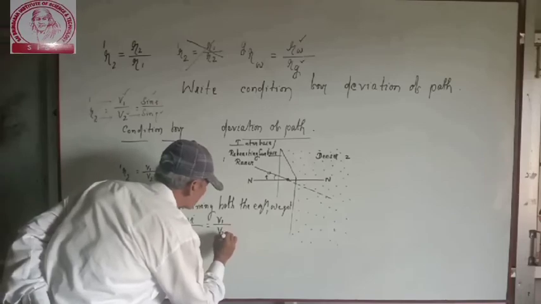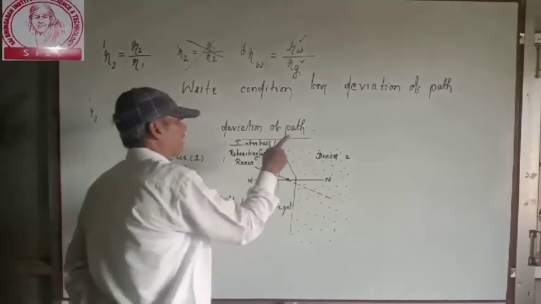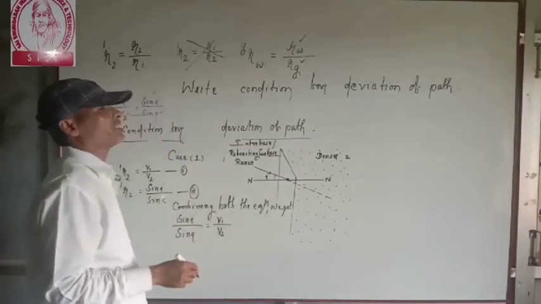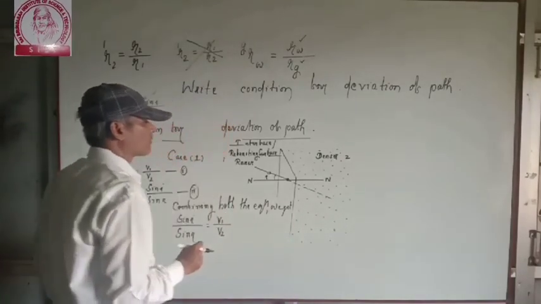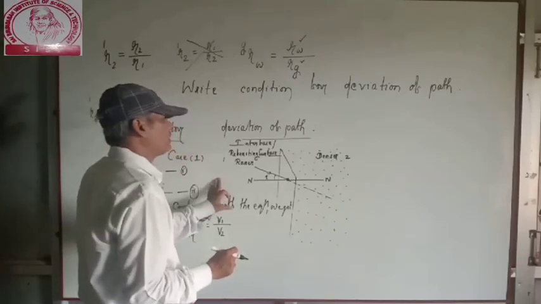But you know, in denser medium, the velocity of light will be reduced compared to rarer medium.